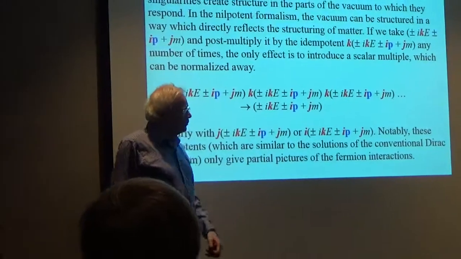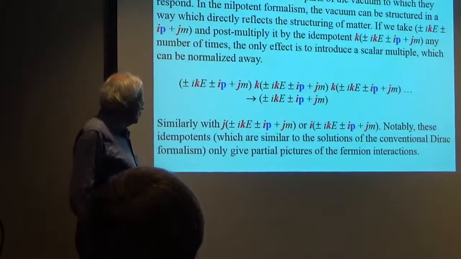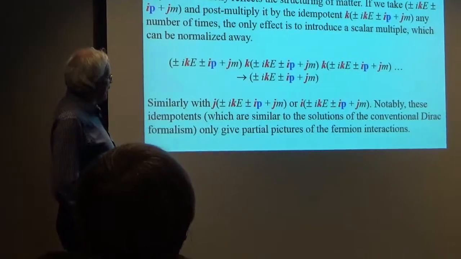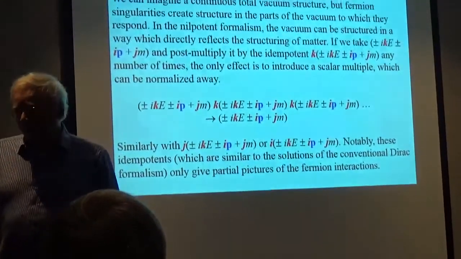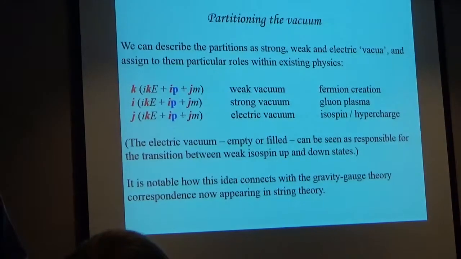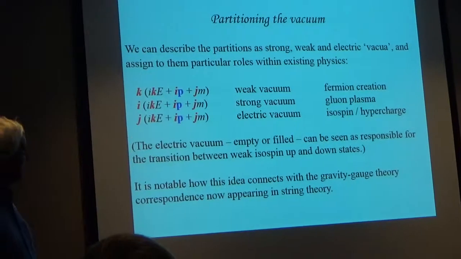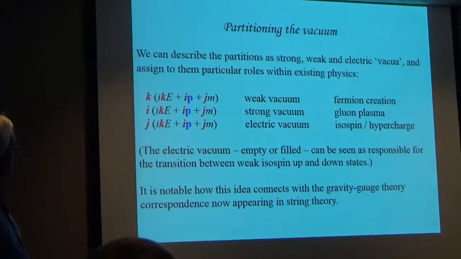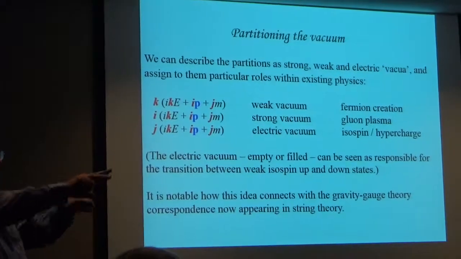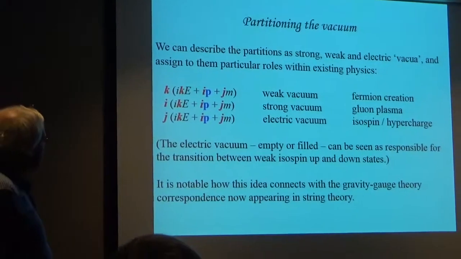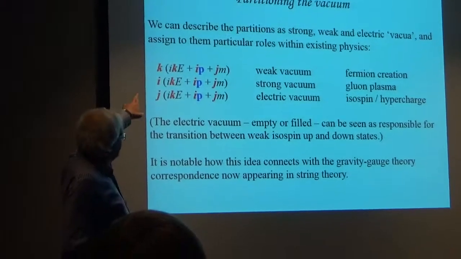You'll just get the particle multiplied by a scalar which you can normalize away. The same happens with j or i in front. It's a trivial operation of the algebra. When I say that, those are three sections of the vacuum. The vacuum splits into three when you do that: weak, strong, and electric.